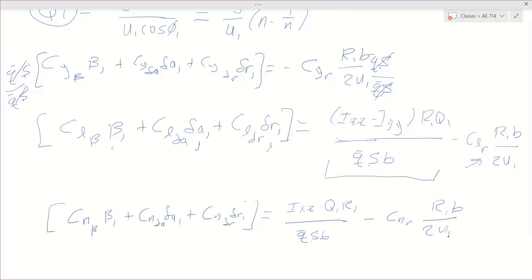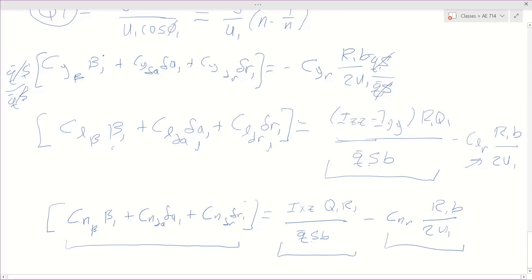This is the yawing moment coefficient. This is the extra term we added into that. And then this comes from the left-hand side, which is the dynamics of the equation. So these are our three equations and three unknowns.